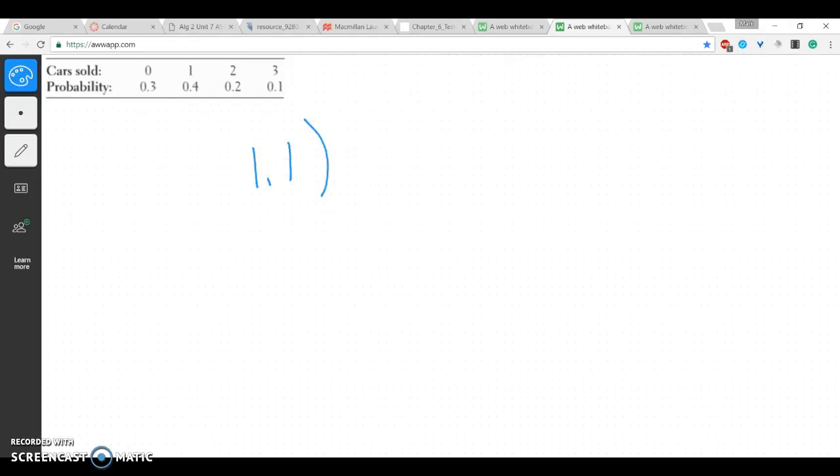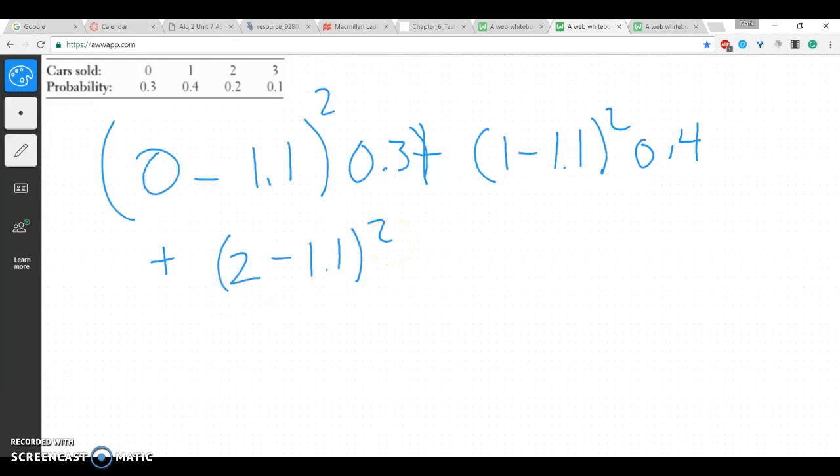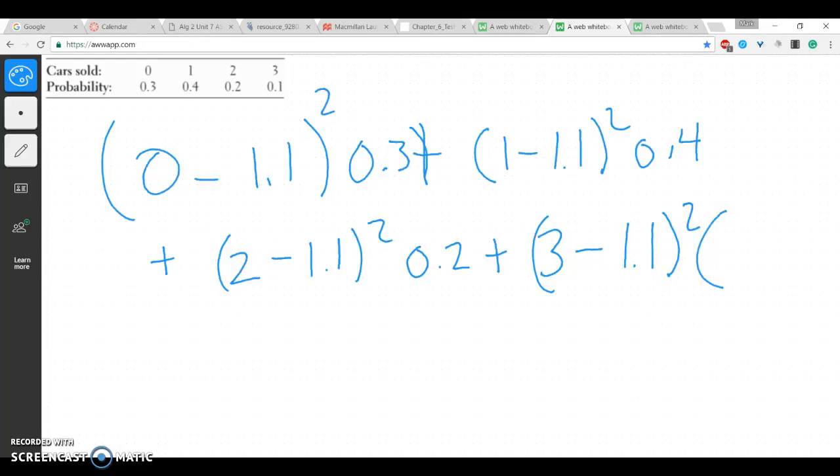So I'm going to take my value minus 1.1, squared, and multiply it by 0.3, plus this value, 1 minus 1.1, square that, and multiply by 0.4, plus 2 minus 1.1, square that, and multiply by 0.2, plus 3 minus 1.1, square that, and multiply by 0.1.